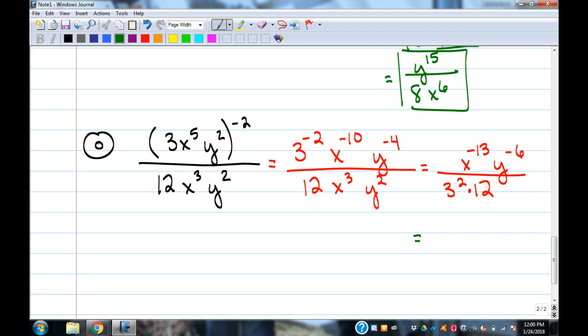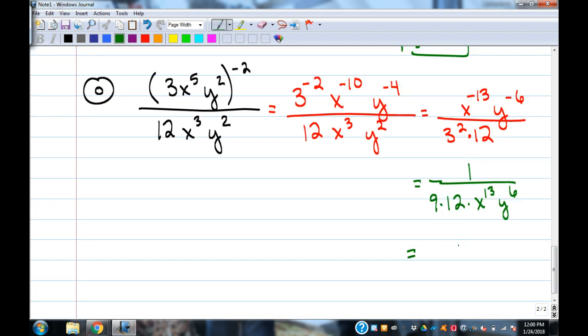Yeah, both of those have negative exponents, so we're going to move them to the bottom. X to the 13, y to the 6. We know that 3 squared is what? 9. So we end up with 9 times 12 down there. What's left on the top? A 1. Nothing else is up there. There's got to be a 1 there. Okay. What's 9 times 12? 108. X to the 13, y to the 6.